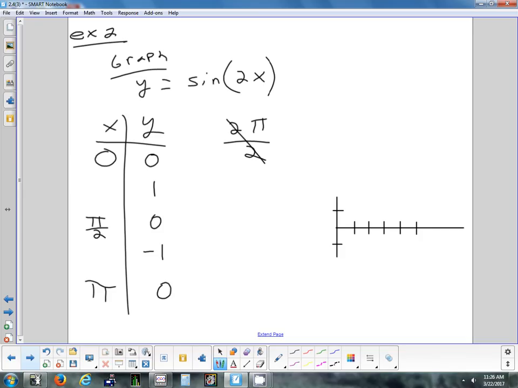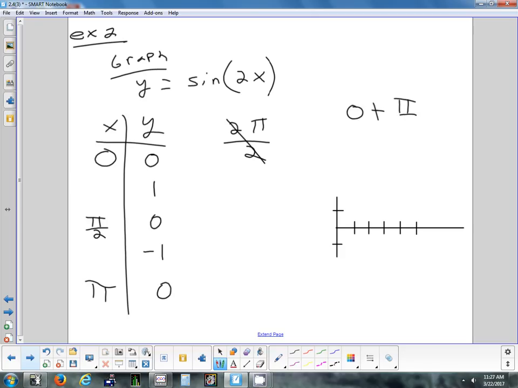Okay, so that's the middle. And now you have a choice. You can do the second or the fourth. It doesn't matter. But I usually do the second one and then the fourth one. Okay, so we got to add 0 to pi over 2. How about Marcos? What's 0 plus pi over 2? That is 2 pi.